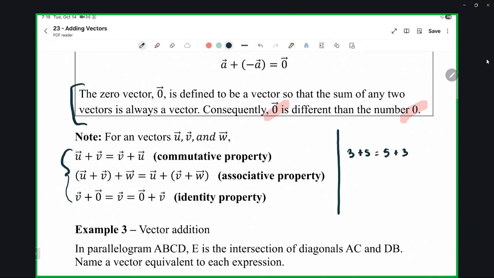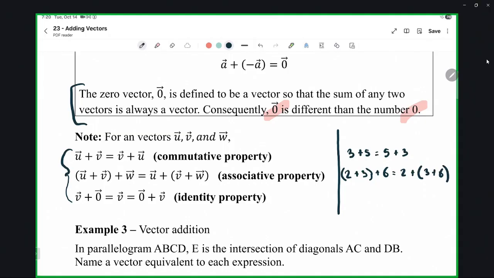The associative property of vectors says that if you take the sum of u plus v, and then add w, that's the same thing as u plus the sum of v plus w. And so the equivalent for that would be, say, if you took 2 plus 3 and added 6, that's going to be the same thing as 2 plus the sum of 3 plus 6.